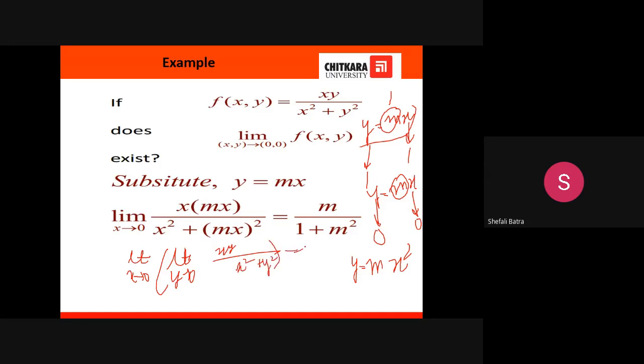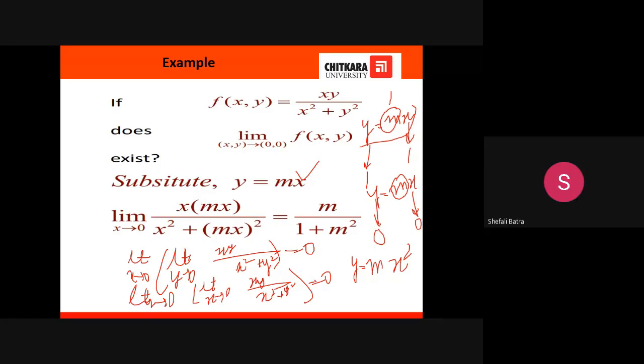So in that case, you are getting value 0. Another path, when you took y is 0, limit x approaches to 0, xy upon x square plus y square, again you are getting the same value. But when this is the case of origin, after checking these paths, if you are getting 0, then you need to check the next path.